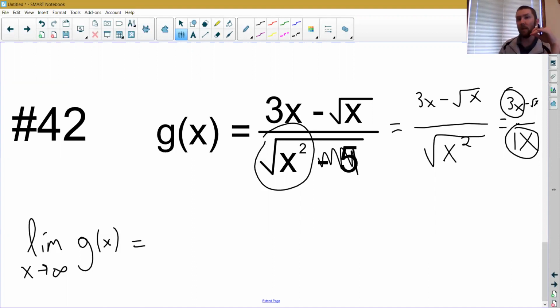So now my terms are equally dominant, top and bottom of the fraction. So what is the limit as x approaches infinity in this case? The limit is 3/1, right? Because the x's cancel out. It's a ratio of the coefficients, which of course is just equal to 3.